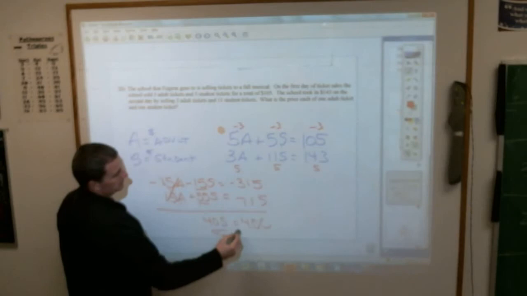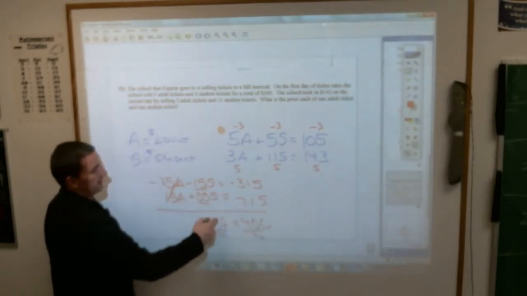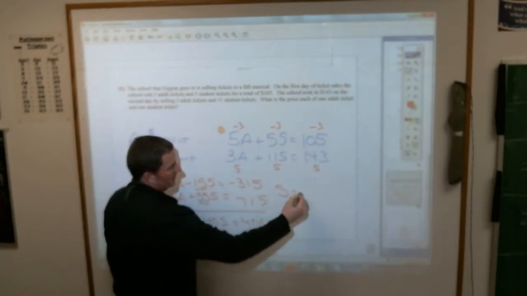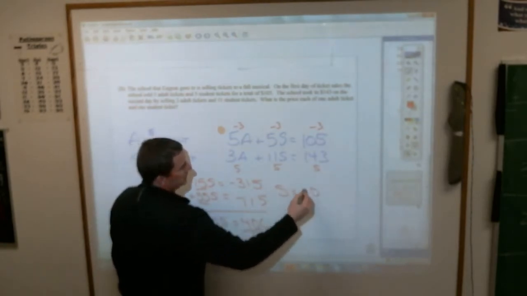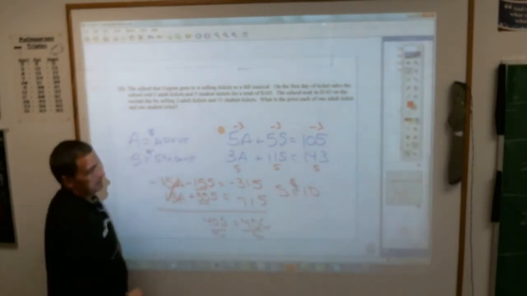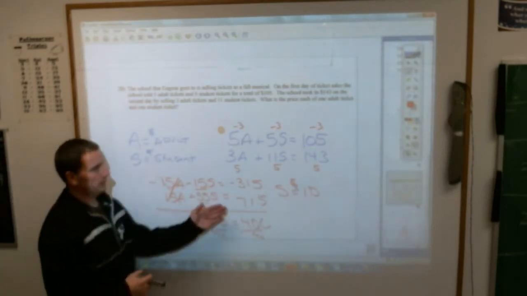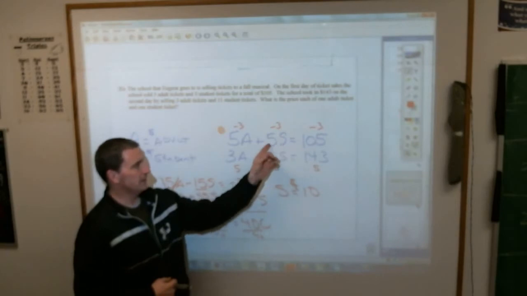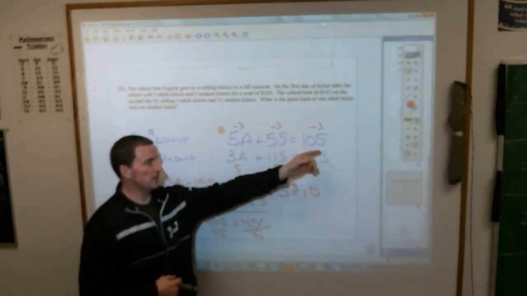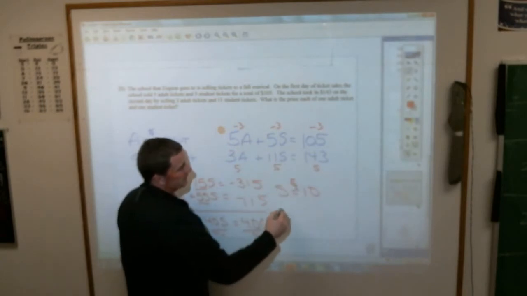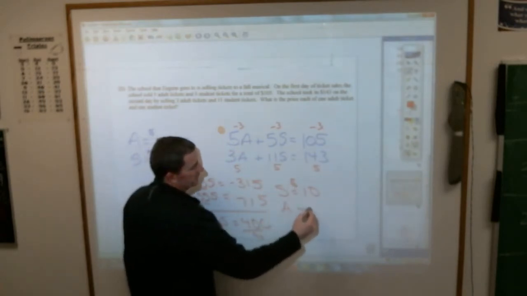Divide by your 40. The reason you have those labels there, you know that a student ticket, S, equals $10. And then you just plug that in. 5 times $10 is $50. Subtract it from there, you end up with $55. 5 goes into 55. An adult ticket would be $11.